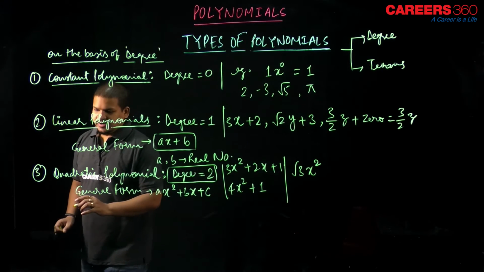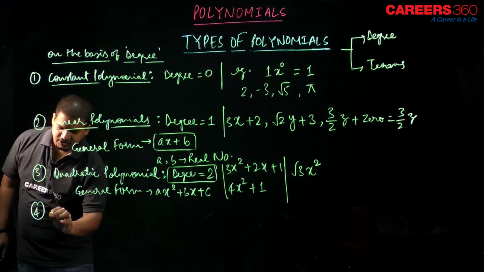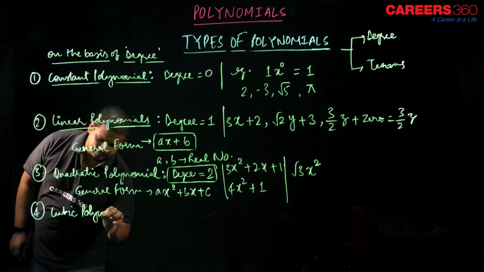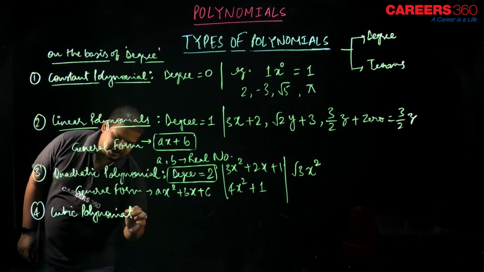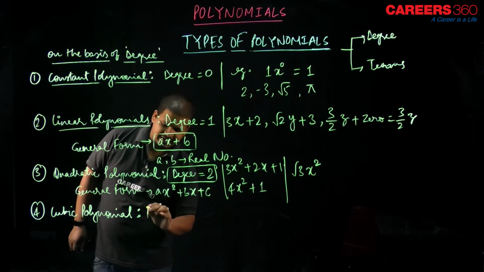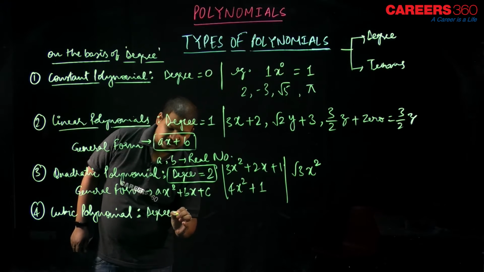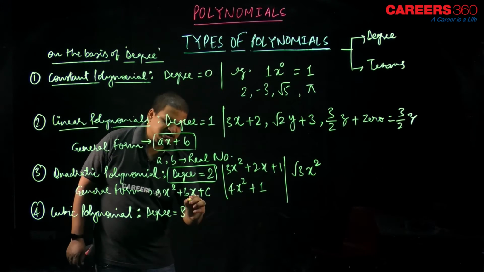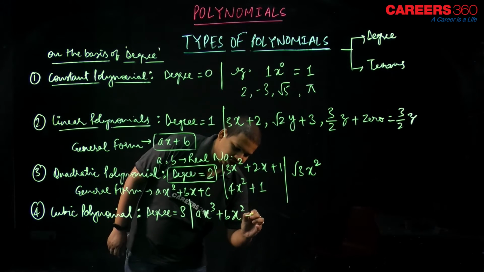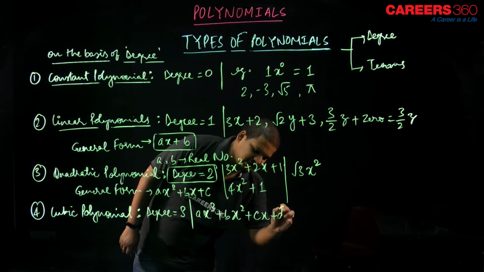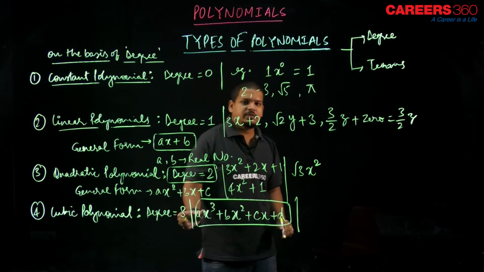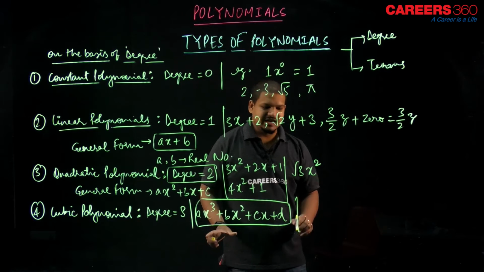Now, moving forward, we have cubic polynomial. And as you can obviously predict, the cubic polynomial will have degree as 3 and its general form would be ax cube plus bx square plus cx plus d, right? And what would be its various examples?